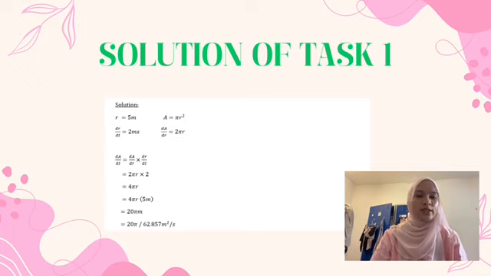So 4 pi r, we substitute with 5 meters, and then we got 20 pi. The final answer is 20 pi meters squared per second.